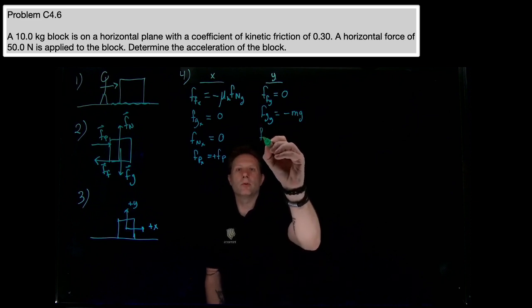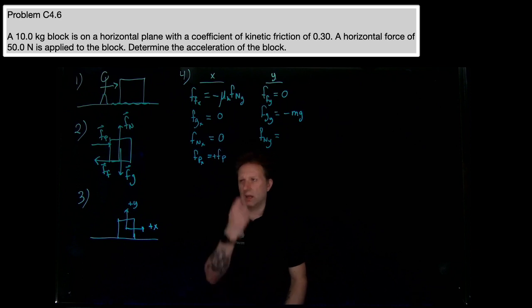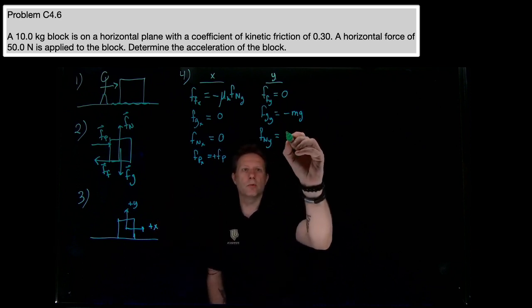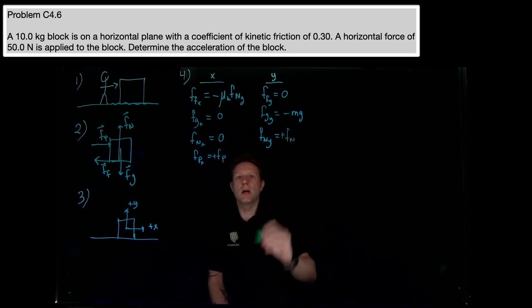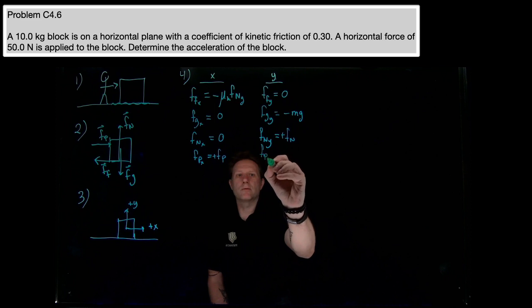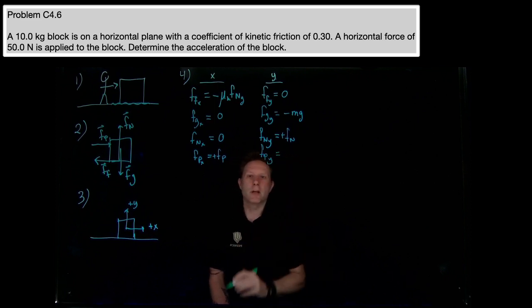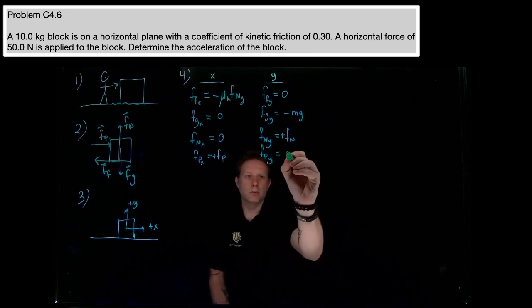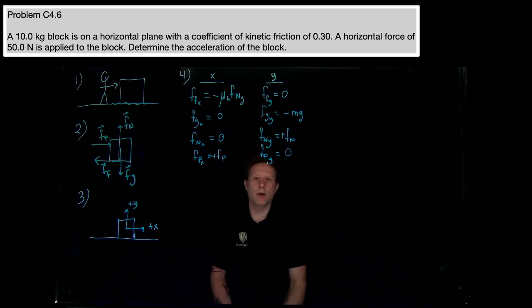The normal force in the y direction is pointing up in the positive direction, so you can say plus Fn. And then finally, the pushing force does not have any applied component in the y direction, so that's 0. All right, these are all our components.